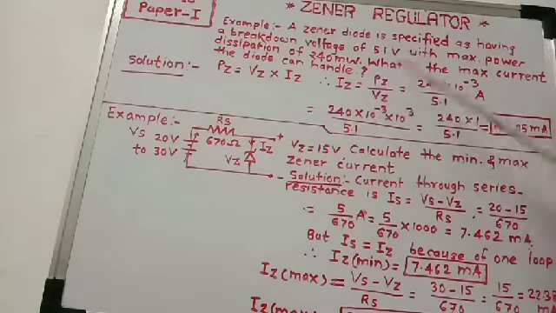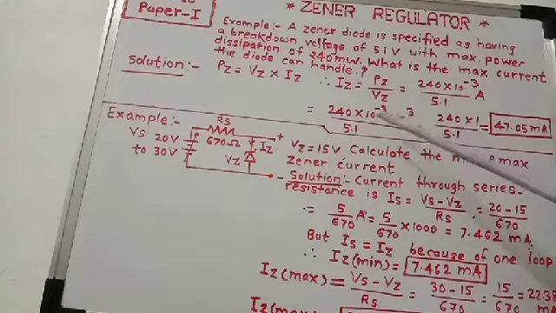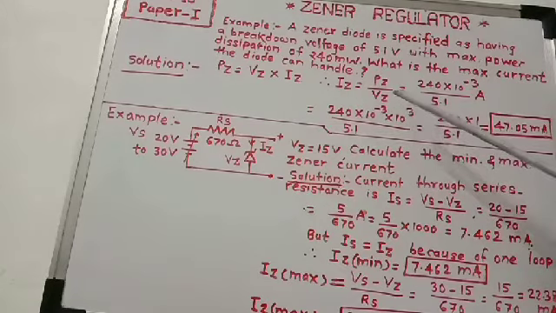Now this current will come in ampere. So again for easy calculation, we multiply this by 10 raised to 3 so that the Zener current will come in milliampere. This is in ampere. If we multiply it by 1000, then this current will come in milliampere.